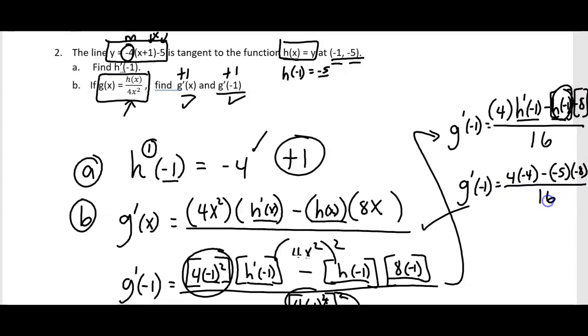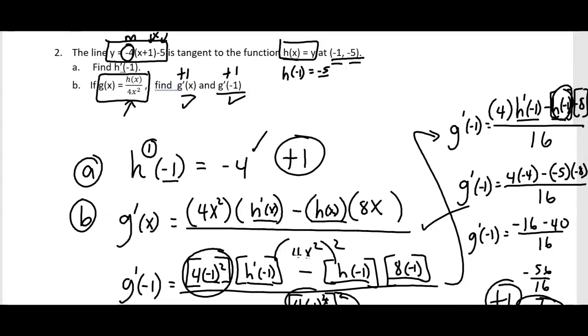And now we just get to simplify. Negative 16 minus 40 over 16 is negative 56 over 16. And 8 goes into the top 7 times and the bottom twice, and so negative 7/2 is the last answer. So that's our second point for that particular problem.